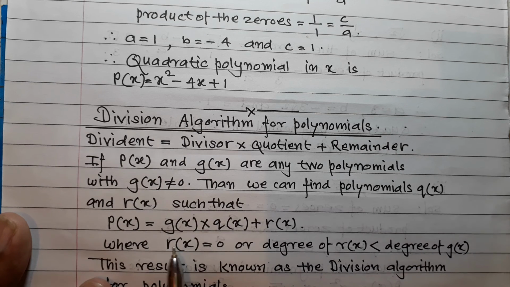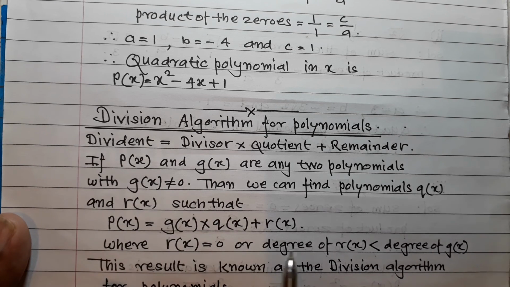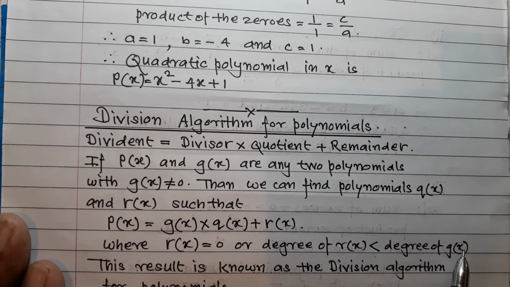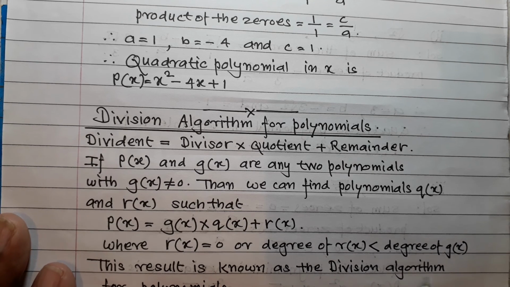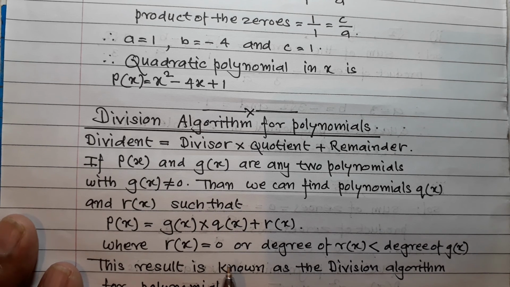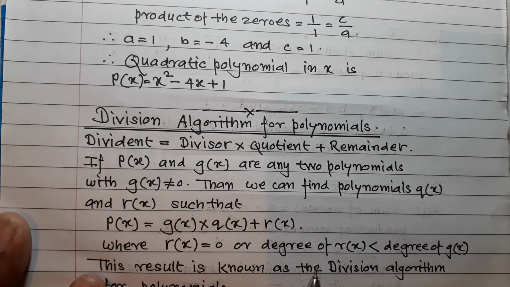So remainder is equal to 0, or this you remember, degree of r(x) is less than degree of g(x). This result is known as the division algorithm for polynomials. In the next lecture, I will take some examples on this algorithm so that you understand. Okay, now today it is enough.